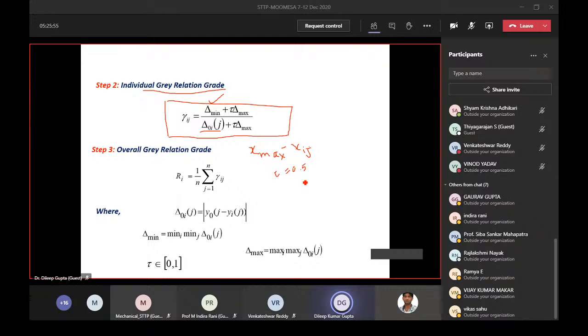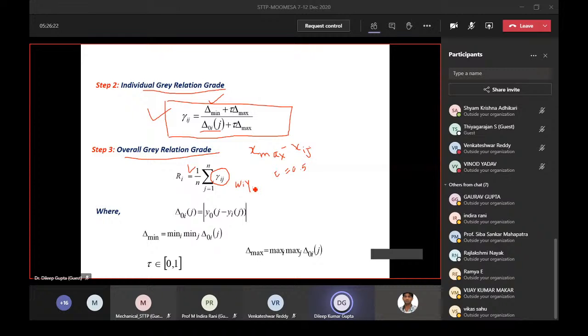Now, once you have the value of delta ij for individual cases, you can go for the overall Gray relation grade. This is again similar to before: once you have found the Gray relation coefficient, you can multiply with the weighted average. How will you calculate it? Rather than using the simple average, use wi gamma ij.